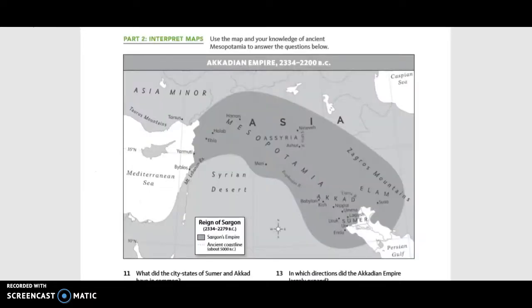Now we look at a map and use the map and knowledge of ancient Mesopotamia to answer the questions below. You can see the whole region. Right here is Sargon's empire. Here's the Persian Gulf. It's the Mediterranean Sea. You can see the Euphrates River, the Tigris River, Assyria, Akkad, Sumer, Elam, Nineveh, Zagros Mountains, and other places, the Syrian desert, right there.